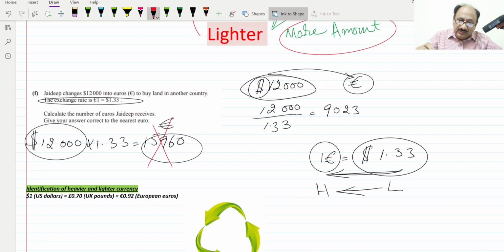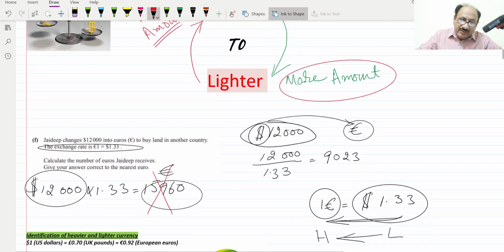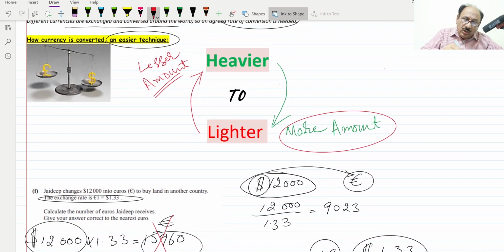This is how you can do a logic check. If you have accidentally multiplied, you can identify that you are getting a bigger answer, and our target should be to get a smaller answer when converting a lighter currency to a heavier currency. You should get a lesser answer.